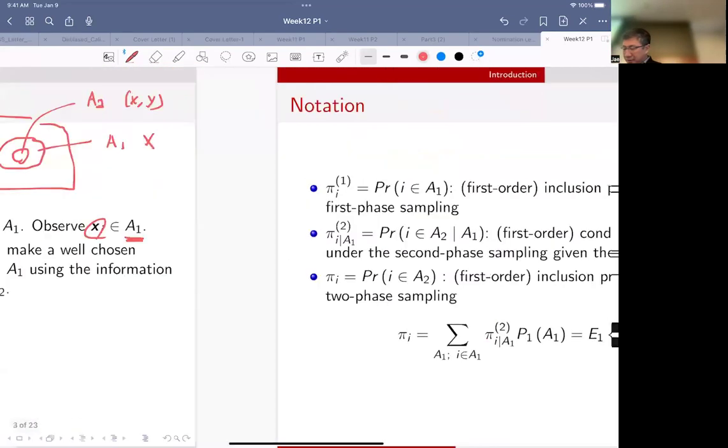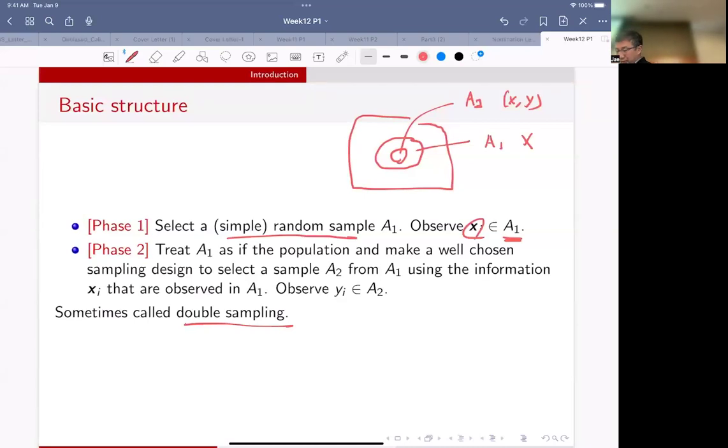And then it also has some connection with missing data, because you can think of A1 as the original sample, and A2 as a set of respondents. You observe Y only for the respondent group, right? So in that case, you can view two-phase sampling as a missing data problem, although we don't know the mechanism for respondent response in general.